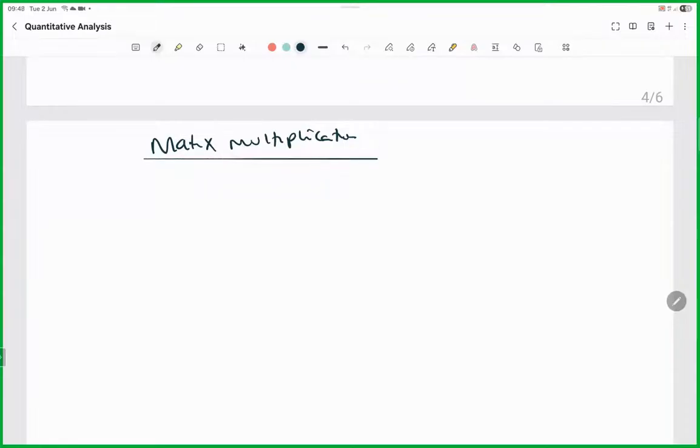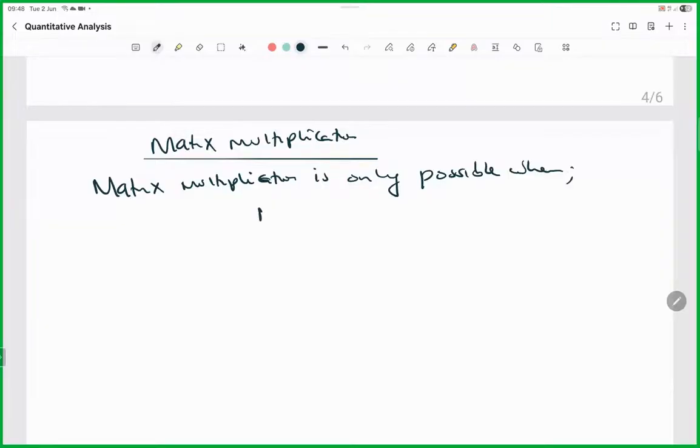So matrix multiplication, my good student, what do we have there? Under matrix multiplication, this is what you're supposed to know. Matrix multiplication is only possible when m times n, n times p matrices are involved.